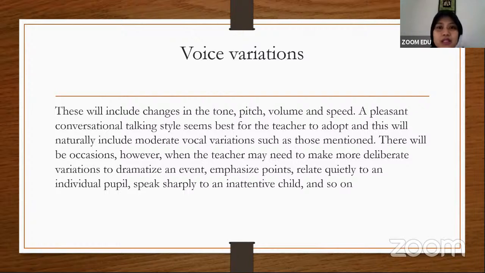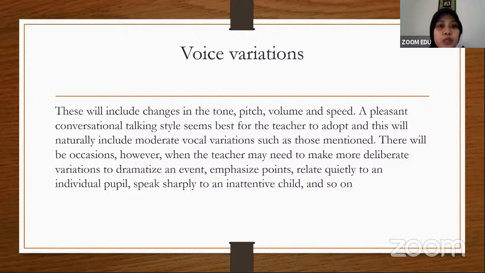Of course, as a teacher, we need to have voice variations. For example, you may use imitations of animals and imitations of popular characters. This is especially important when you teach English to young learners and tell them a story, or storytelling.